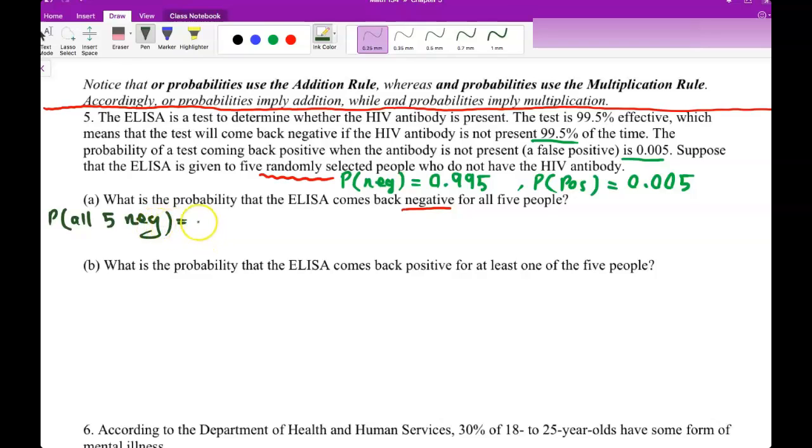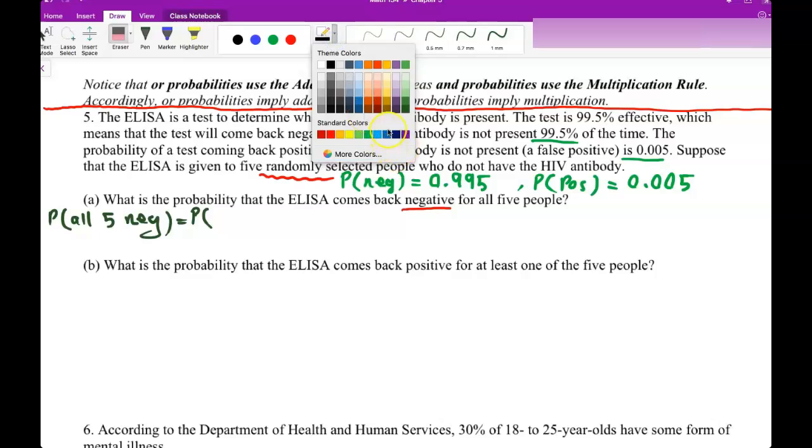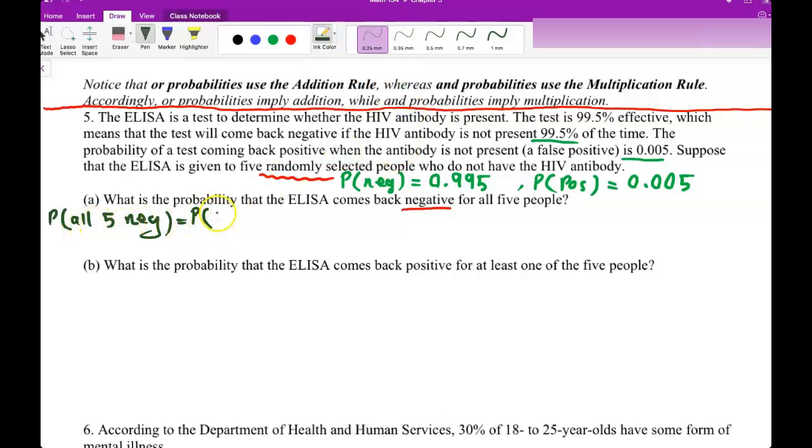In between we have the probability of the first one negative. Let's write that this way so you can see what I'm doing here. What that means is we have the probability of negative and negative, five times: 1, 2, 3, 4, 5. Since we have "and" in between, we should multiply.